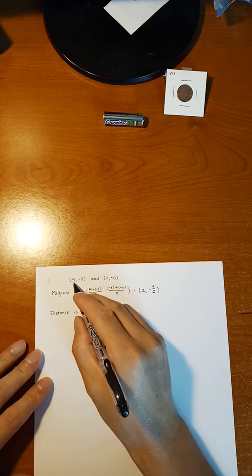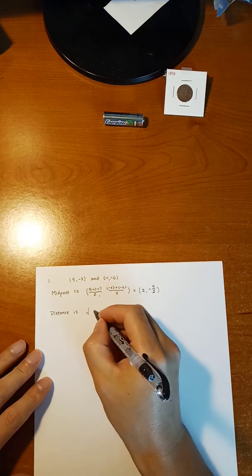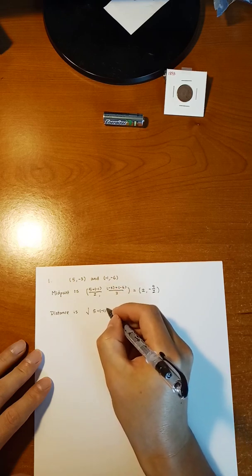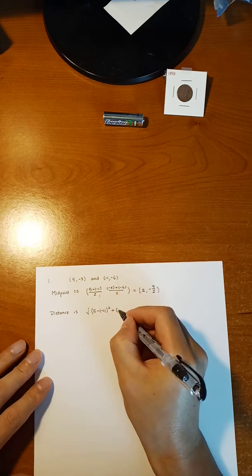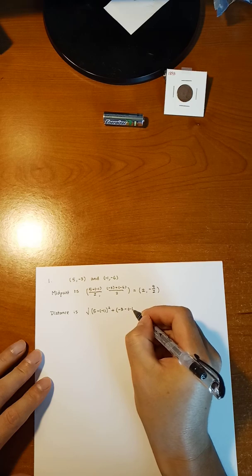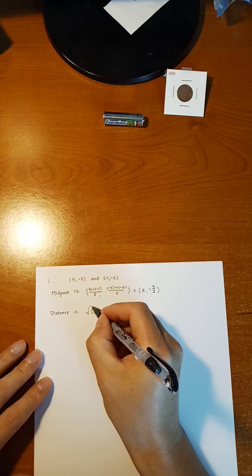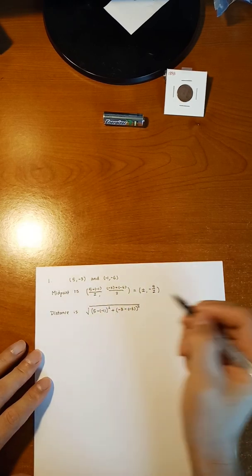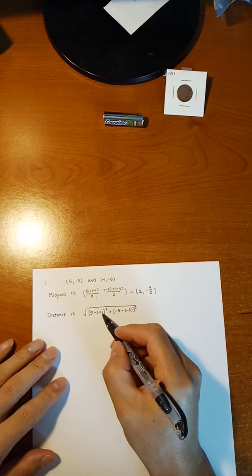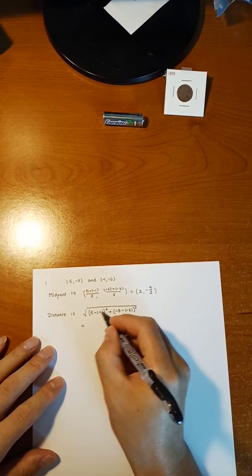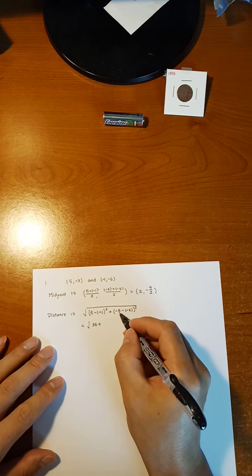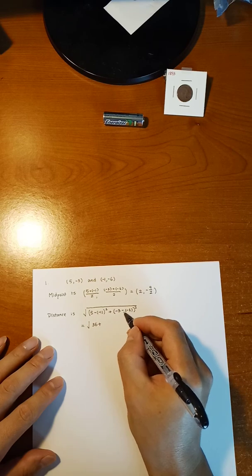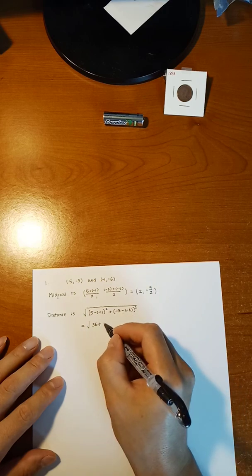Distance is the square root of 5 minus -1 squared plus -3 minus -6 squared, then add them together and take the square root. 5 minus -1 is 6, so 6 squared is 36. -3 minus -6 is 3, so 3 squared is 9.